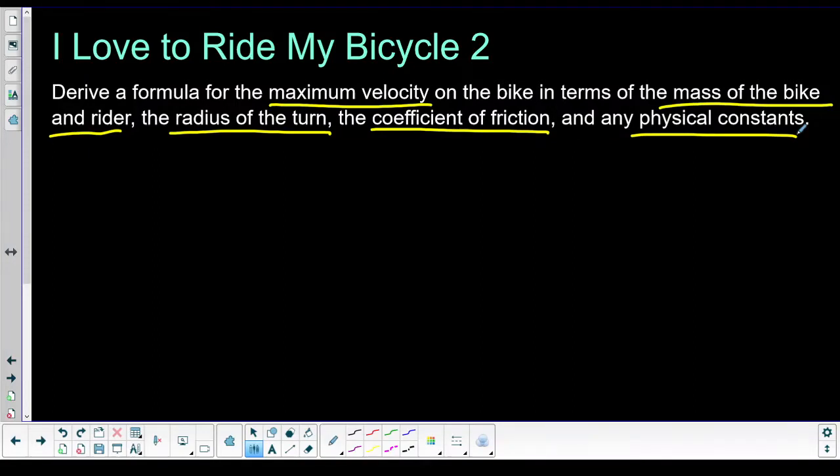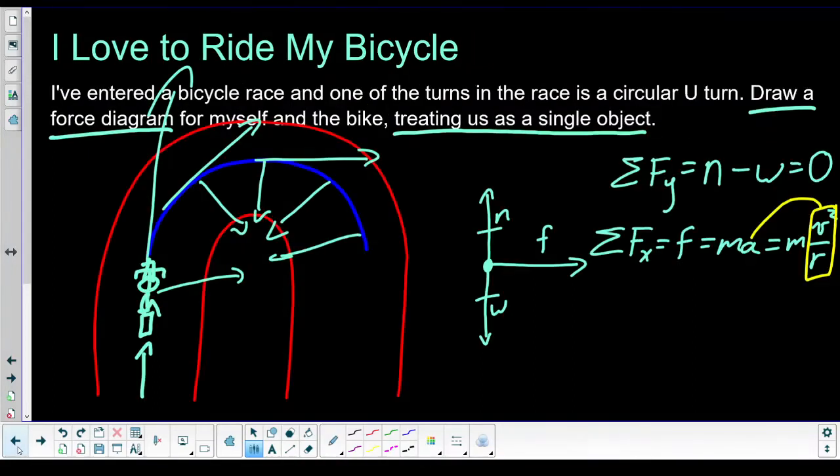So let's go and try and do this. If we're going to derive anything about this situation, the only way we really have to solidly describe this right now that we've talked about is this set of sum of forces equations. Because they're asking me for a velocity, we're probably looking for that thing right there.